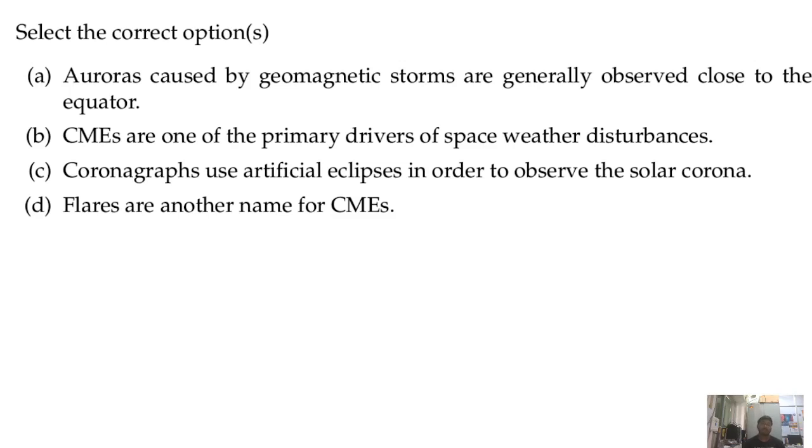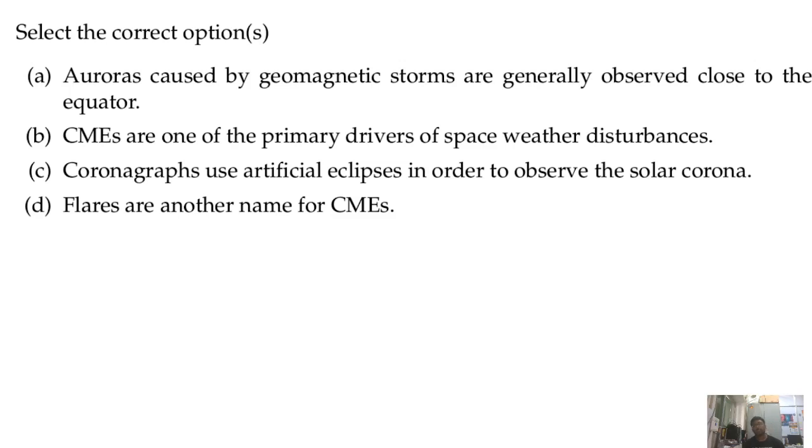Because in the polar regions the magnetosphere has some paths which are open rather than closed. So those charged particles can follow those paths to go to the ionosphere, right?